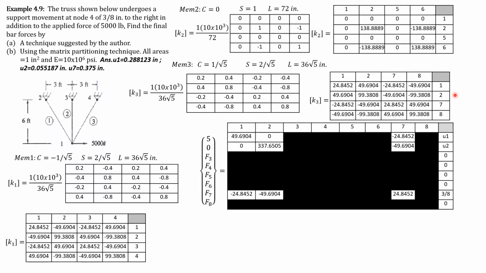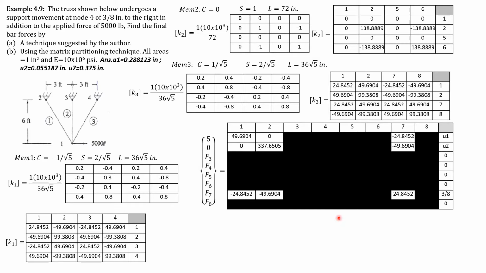There's none here. So only here, 2, 7, negative 49.6904. So 7, 2 is also negative 49.6904. And finally, 7, 7. There's none here. There's none here. Only this one. So copy 24.8452. So we have a 3 by 3 matrix.